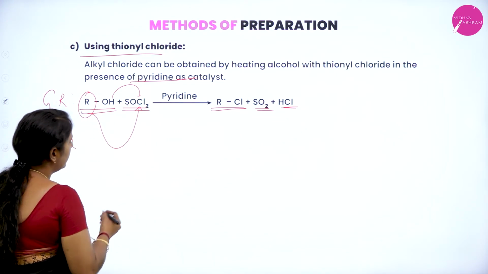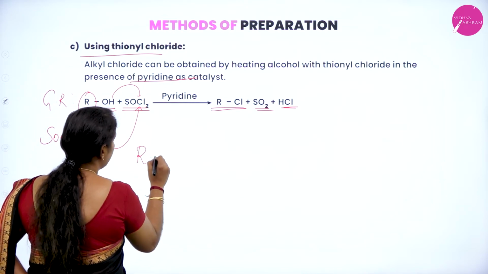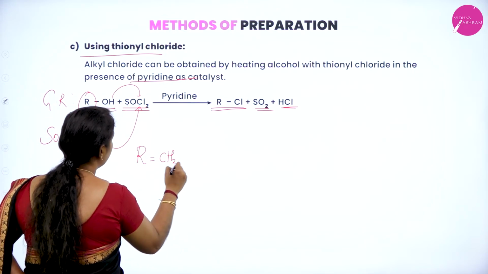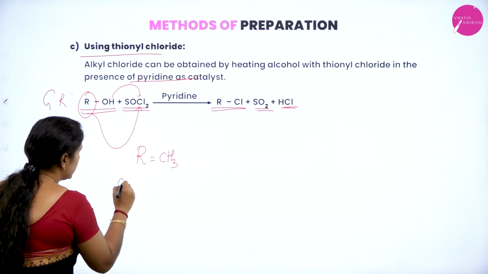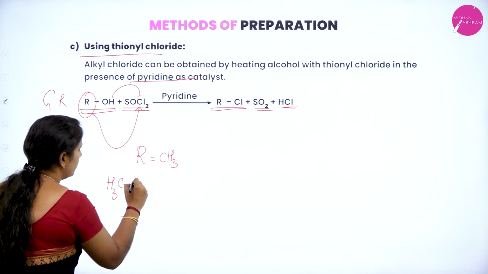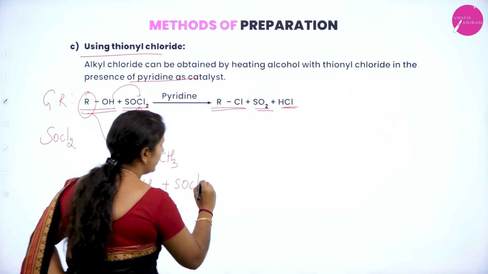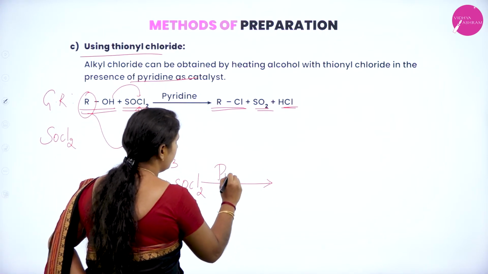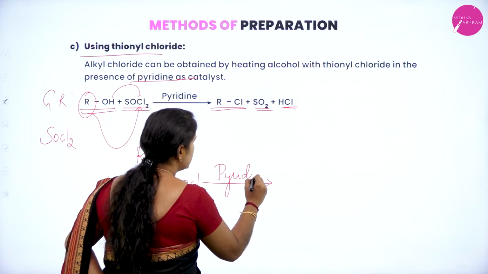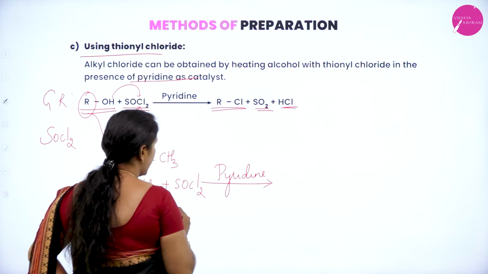We'll take up a reaction by considering the R as CH3. Okay, so it is CH3OH plus SOCl2, that is thionyl chloride, in presence of pyridine as a catalyst. What happens?